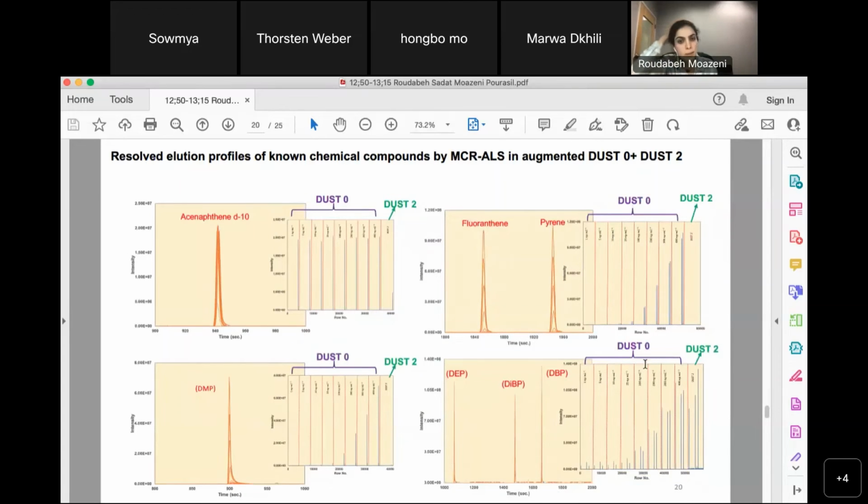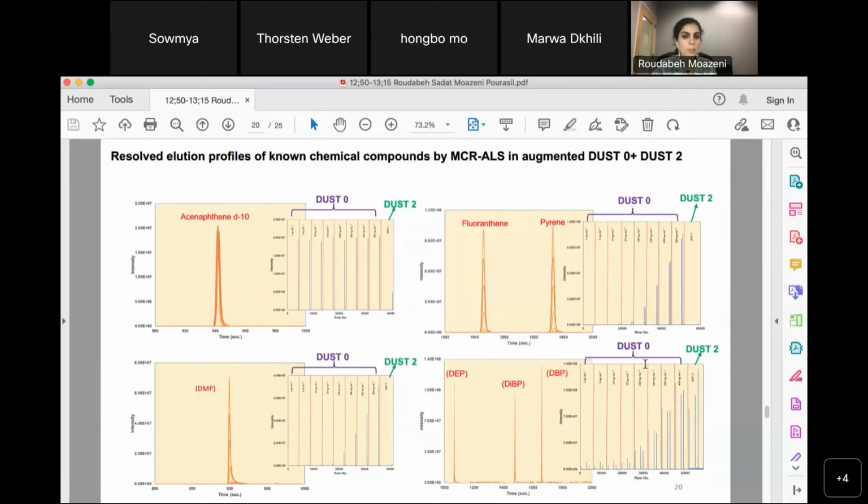And this is the result of chemical compounds for dust 2 when we augmented dust 2 with dust 0. Here the concentration of internal standard was less than in dust 0.